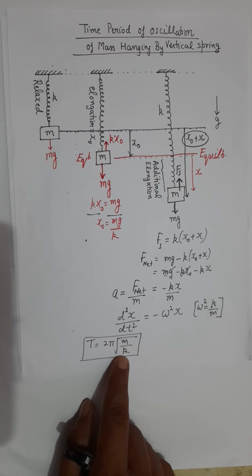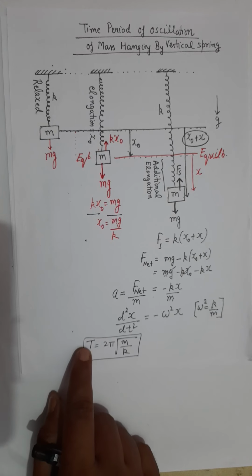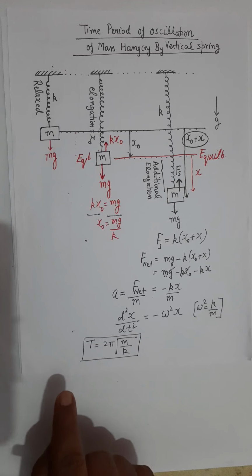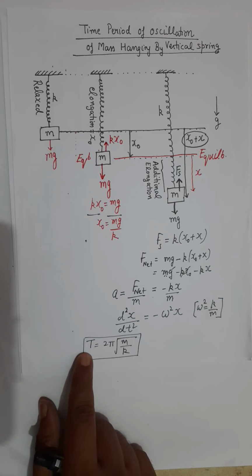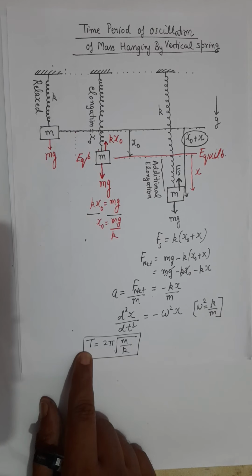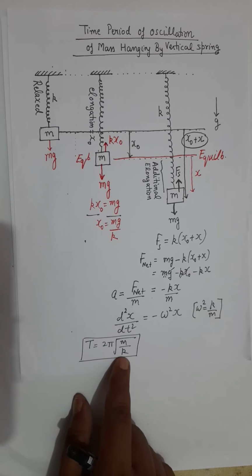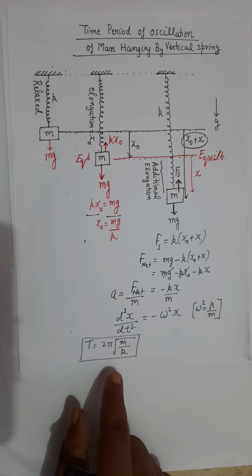The role of gravity has nothing to do with the expression of time period. In case of oscillatory motion with a vertical spring, the time period is always independent of gravity. It is only dependent on the spring constant.